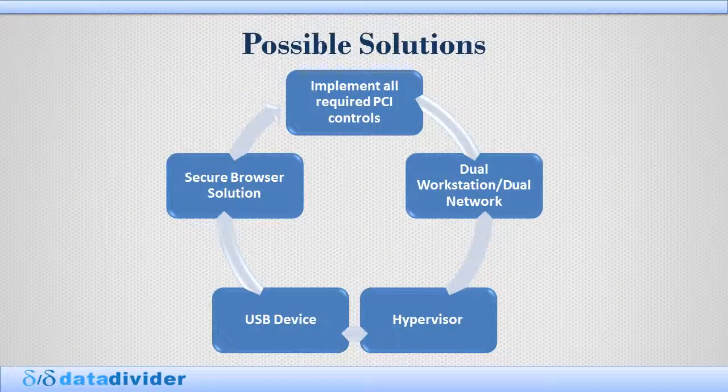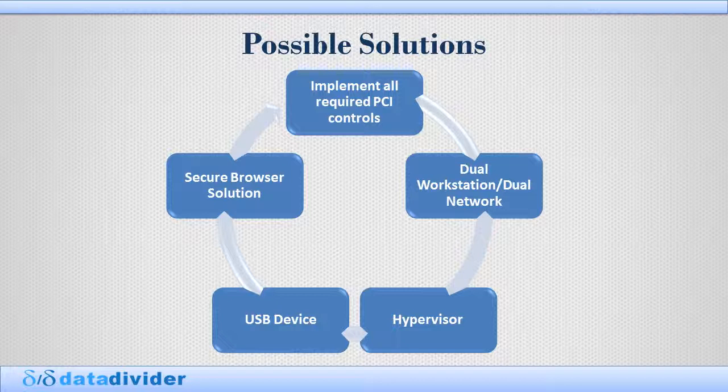There are multiple possible solutions that most organizations have considered when looking to resolve this problem. Each of them comes with additional problems of their own. Option 1. The first and most obvious option is to implement each of the controls as they appear within the standard within your agent workstation environment.